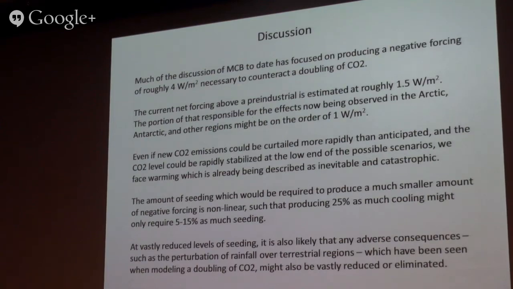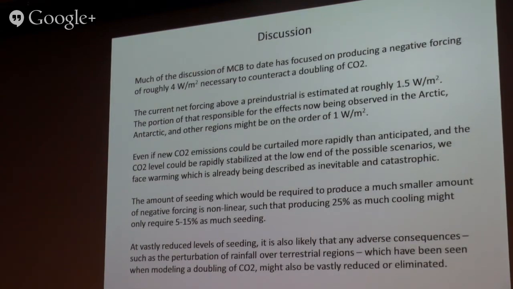So I think what all of these things have in common is beginning to think about deployment of marine cloud brightening at a local or regional scale, and also really thinking about what are we facing now and fairly soon.